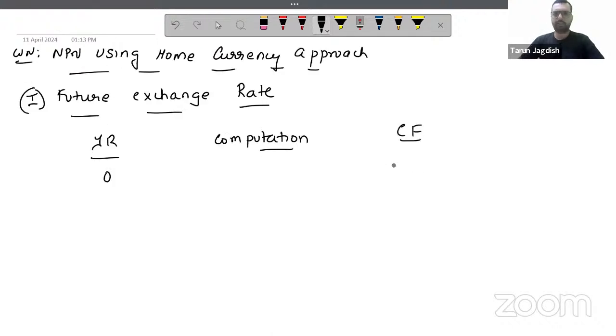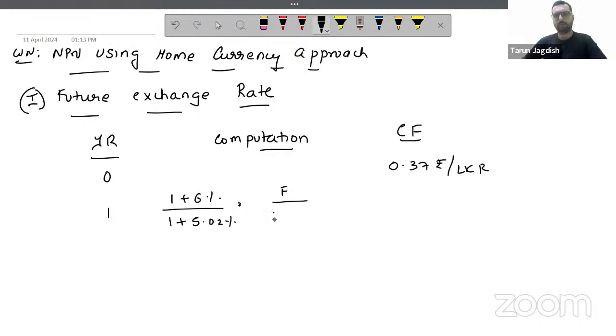Year 0, it is 0.37. Year 1, the formula would be 1 plus RH, 1 plus 6% divided by 1 plus 5.02%, is equal to forward divided by 0.37. So the next year it will be 0.3768.